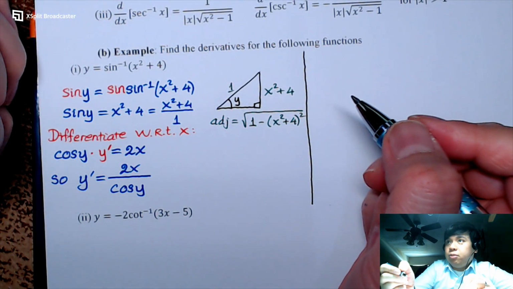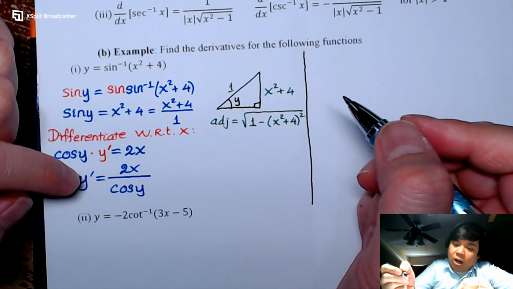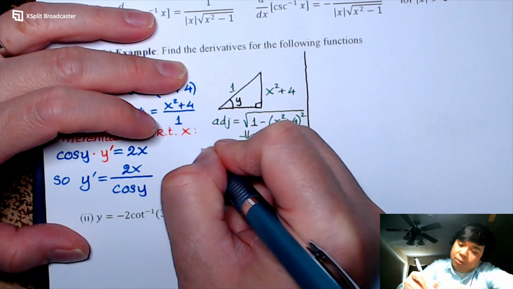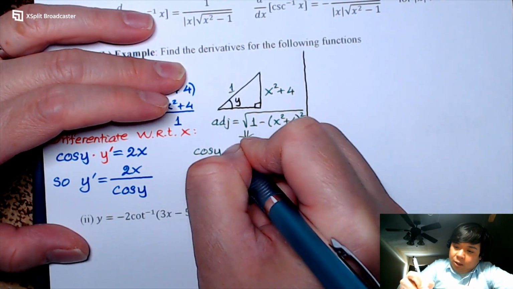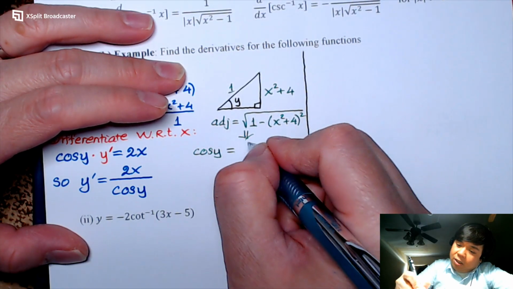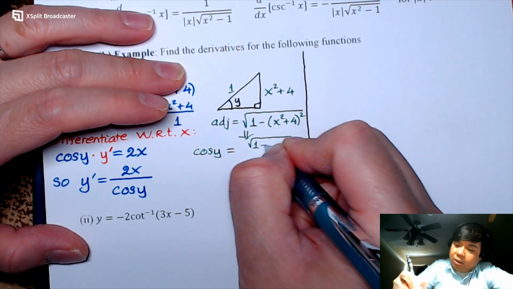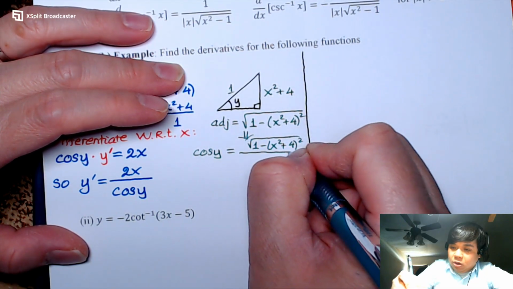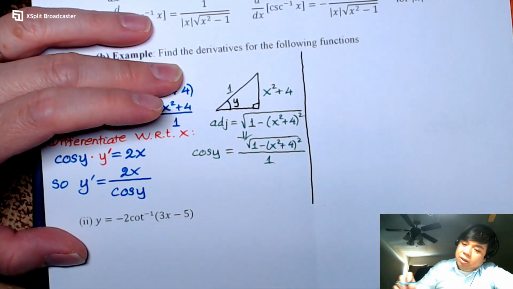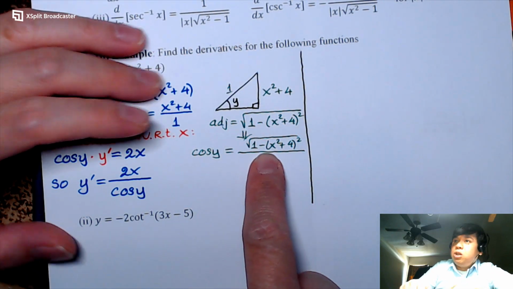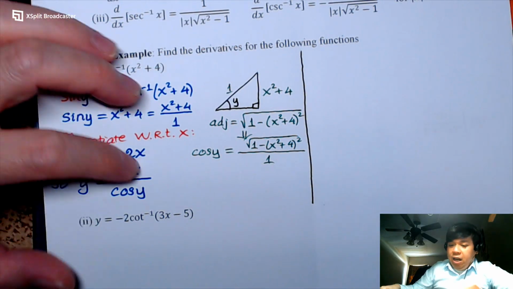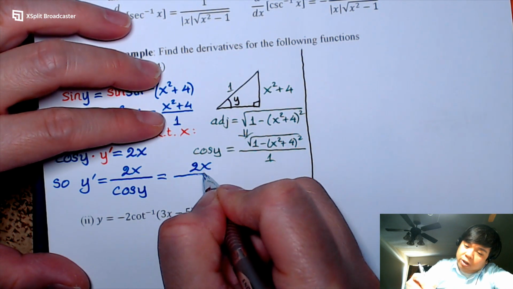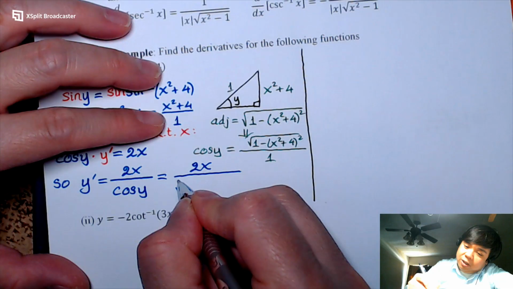So that's the adjacent. And therefore cosine is adjacent over hypotenuse. The hypotenuse is 1. So cosine is the square root of that. And substitute in here, so it will be just 2x over that one.